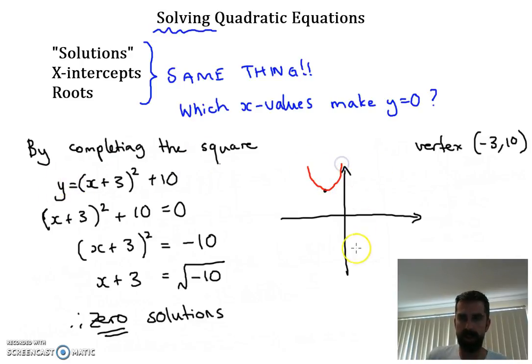It's going to look something like that, and that makes sense. There's 0 solutions because that graph never crosses the x-axis, so there's not going to be any x-intercepts. So I just wanted to show you that just to illustrate that sometimes when you try to find the solutions, you're not going to get any. And that's okay. That still tells us something about the graph.